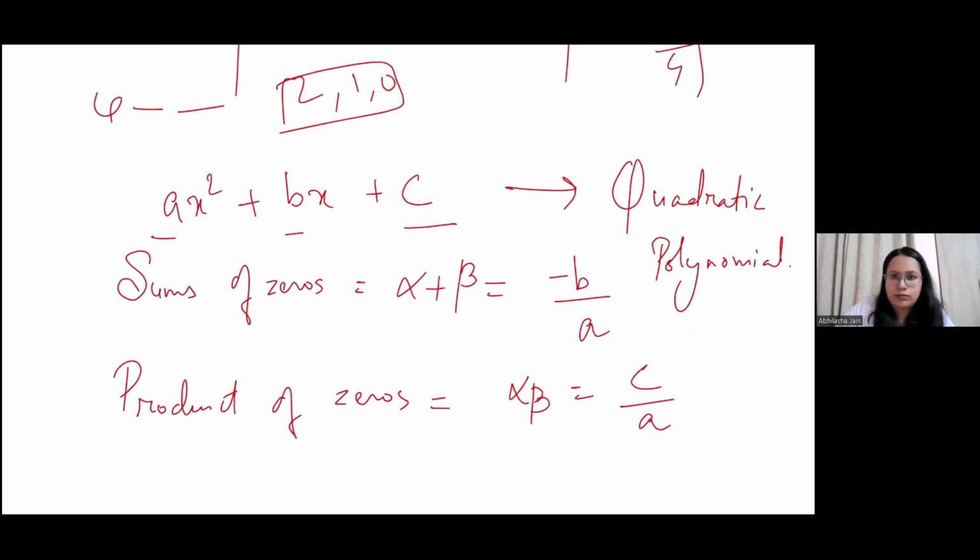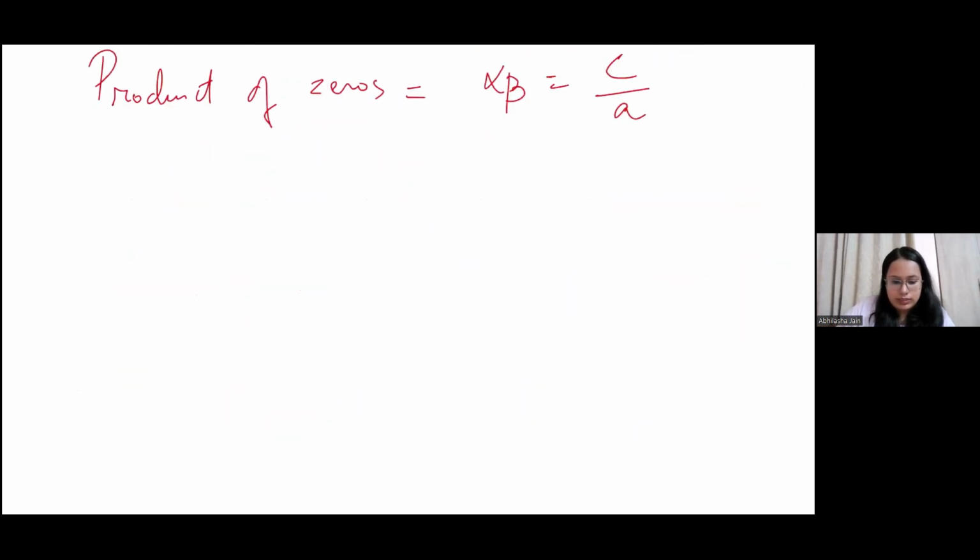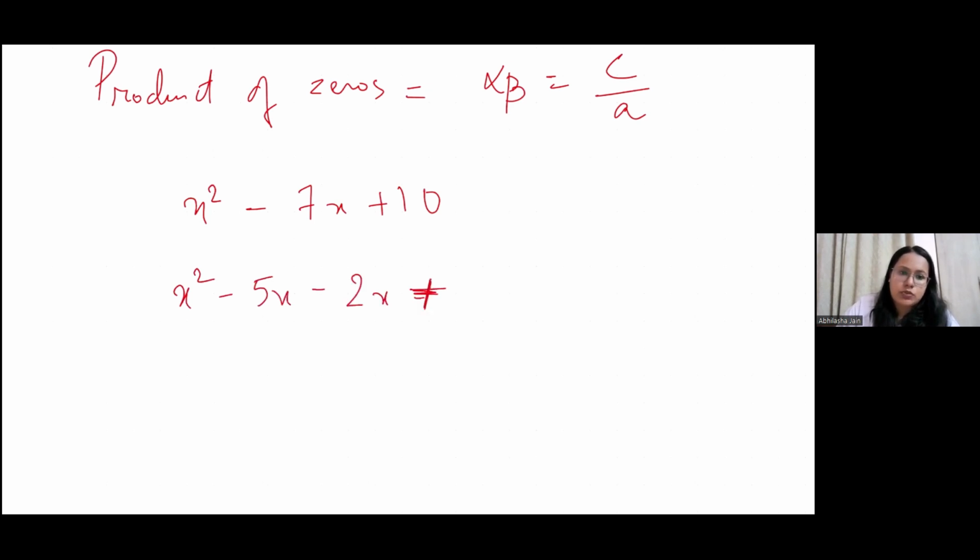So for example, we have an equation x square minus 7x plus 10. Let's do the factorization. 10 times 1 is 10. We need negative 5x and negative 2x, and negative 2 times negative 5 is 10.